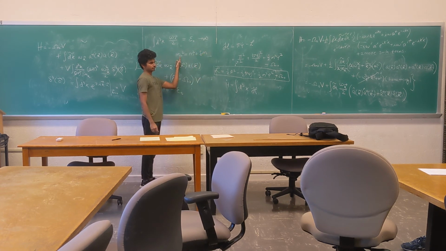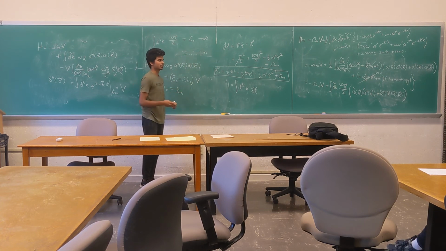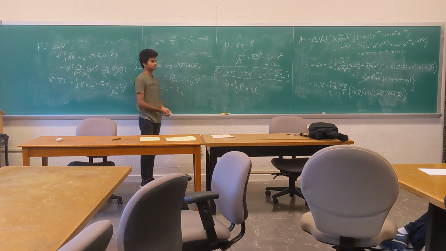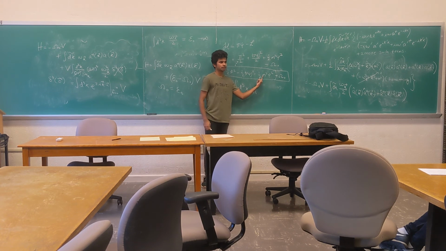This is infinite. I'm not sure if I'm writing it correctly, but yeah. The bare mass doesn't matter. The physical mass you have to measure from the experiment. Then you set this m to be the physical mass.